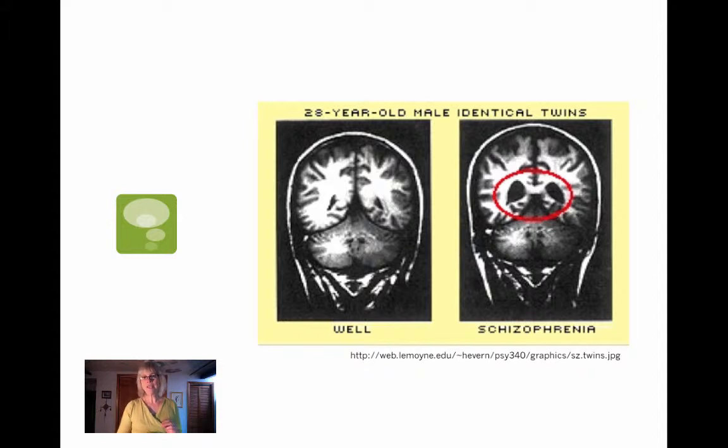And what you see here in the twin with schizophrenia is enlarged ventricles. Those are the black spaces in the red oval. And those ventricles are enlarged, we believe, because of loss of neuronal tissue in the brain. And so as the tissue is lost, the spaces can become larger.